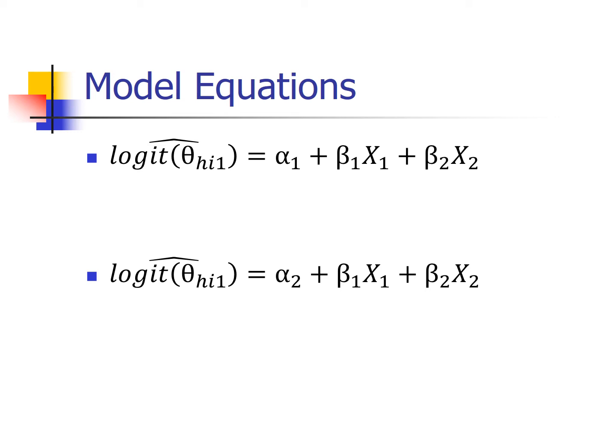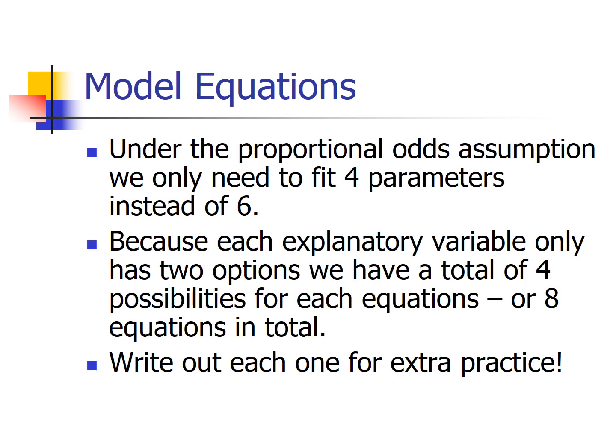There are a whole bunch of real life phenomena that do not follow the proportional odds assumption, and in those cases, a proportional odds assumption would be inappropriate. But if we're applying that assumption, this is what our model equations would look like. We'll talk in a little bit about how to test for the appropriateness of this assumption. So under the proportional odds assumption, instead of 6 parameters, we need to only fit 4.